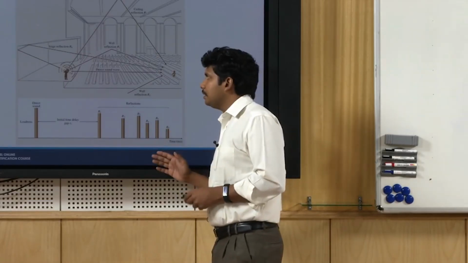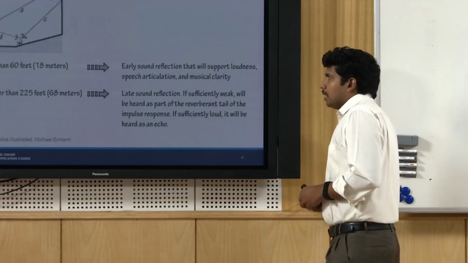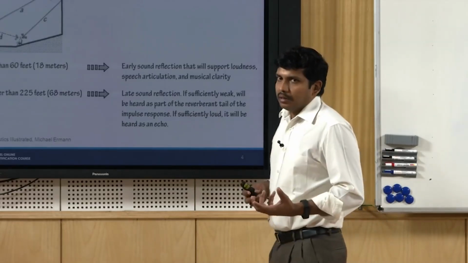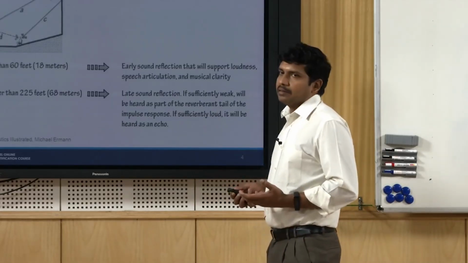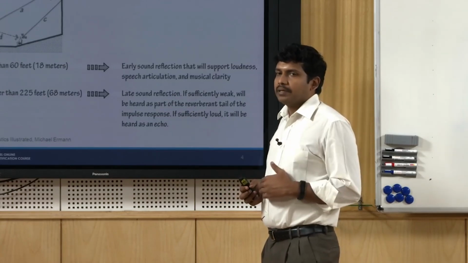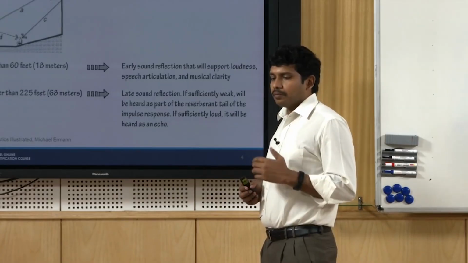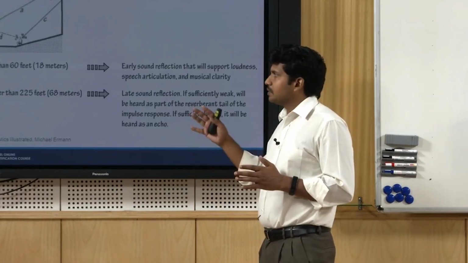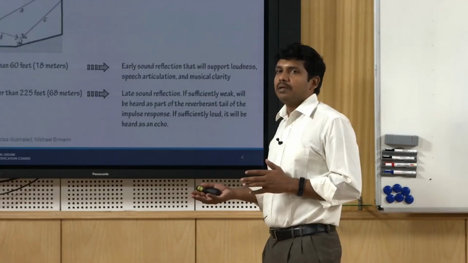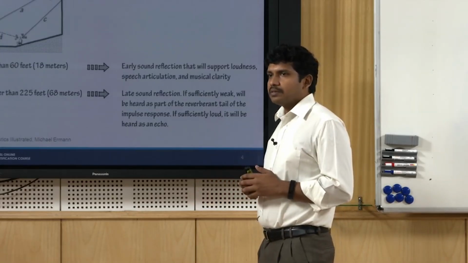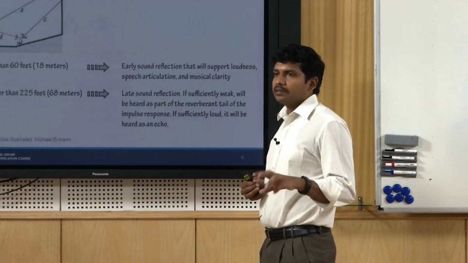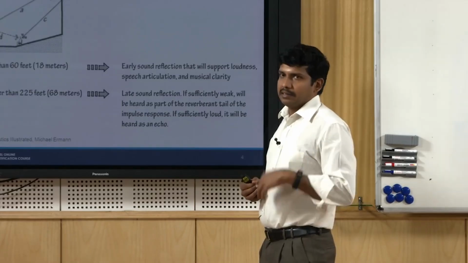Now, an important thing which you have to control in designing an auditorium is the time difference between the direct sound and the reflected sound. We talked about whatever comes after 50 milliseconds for speech performance, or after 80 milliseconds for music performance, is not going to help you; rather, it is going to mask the next signal.